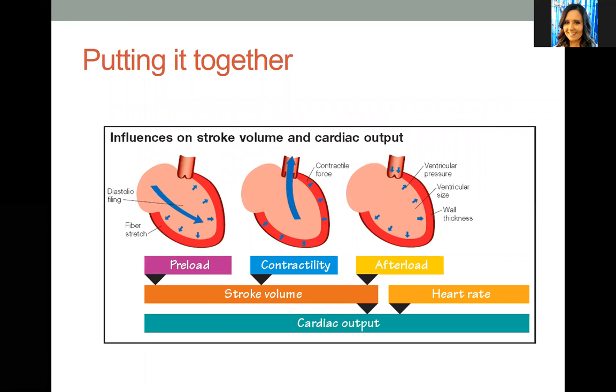So putting it together, we talked initially about preload, contractility, and afterload. If you keep going down in this picture, we can say that the stroke volume is directly related to preload and contractility and afterload. But then our cardiac output is made up of stroke volume, which is preload, contractility, and afterload, times our heart rate.